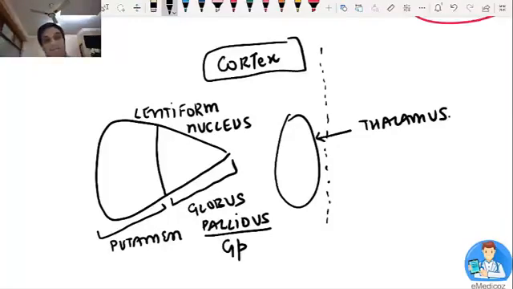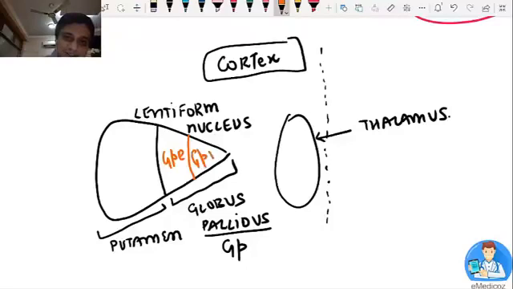Now this globus pallidus is made up of two more structures inside it. That's the globus pallidus externa, E. That's the E over there. Okay, it's not the C, it's E. And globus pallidus I, I means interna.